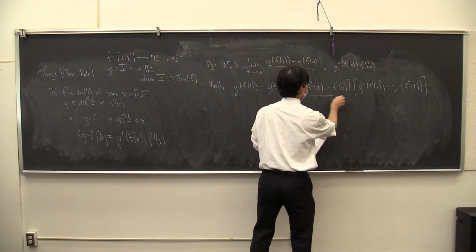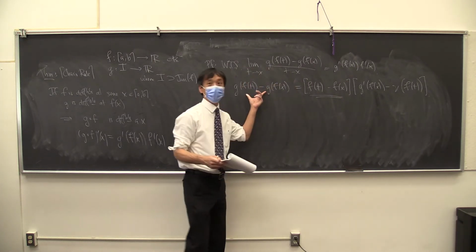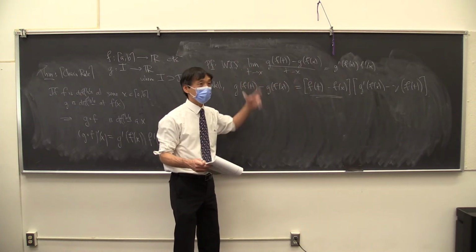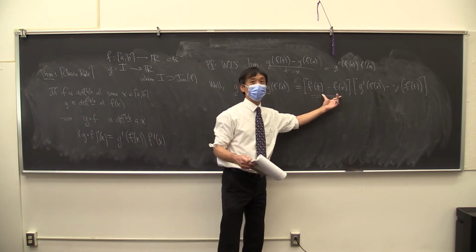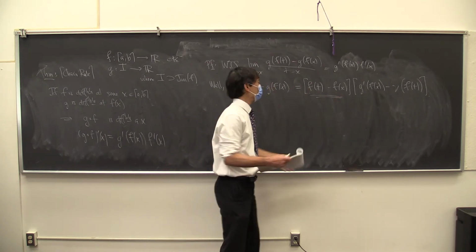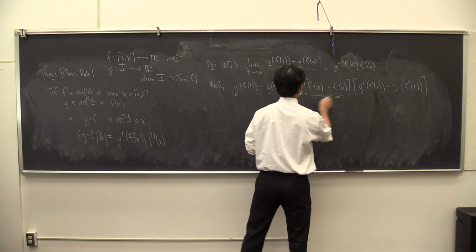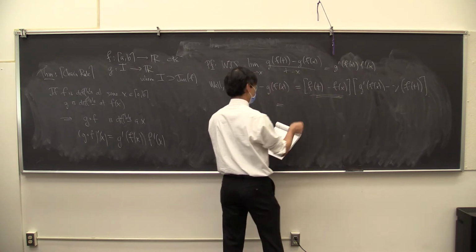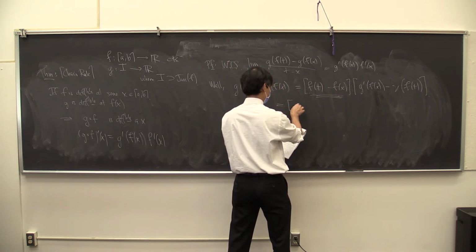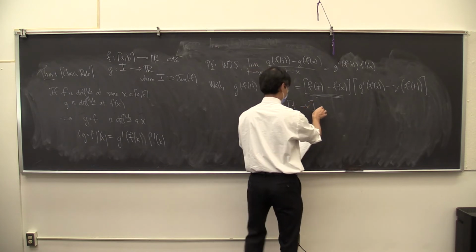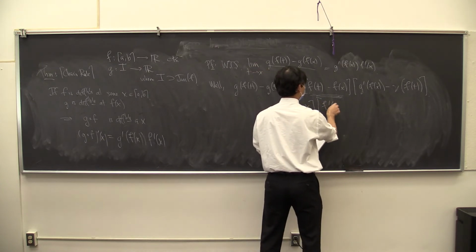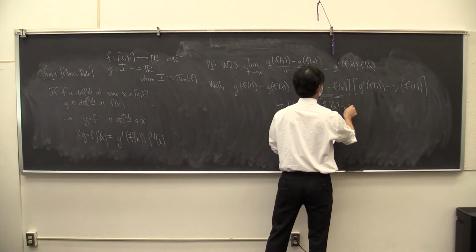Then we'll use the tangent line approximation. That's the tangent line approximation of g, and then we'll do the tangent line approximation of f. So let's take this and write it in terms of the tangent line. Well, this is going to be t minus x times f prime of x plus u of t.